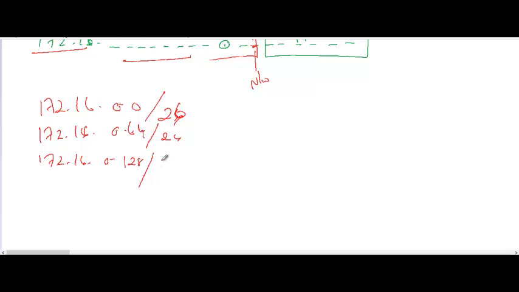Okay? And this one we do not use because all the bits are on. So keep it for the reference and keep decrementing by 64. 172.16.255. If you decrement 64, from here you will get 128.